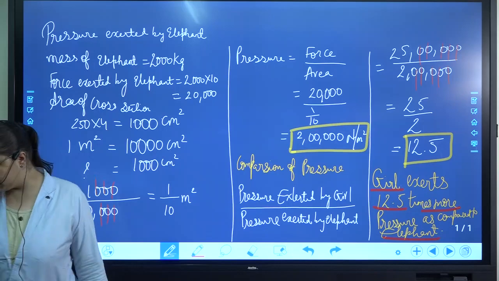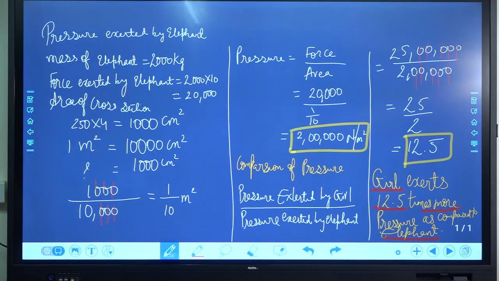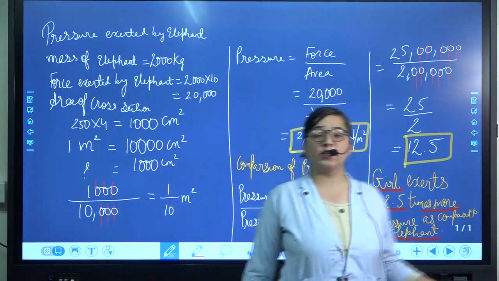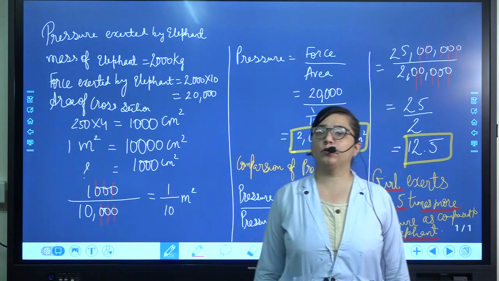Read it, chalo. Just now don't note it down. First read it, then I'll explain again, and then I'll give you timing for noting.